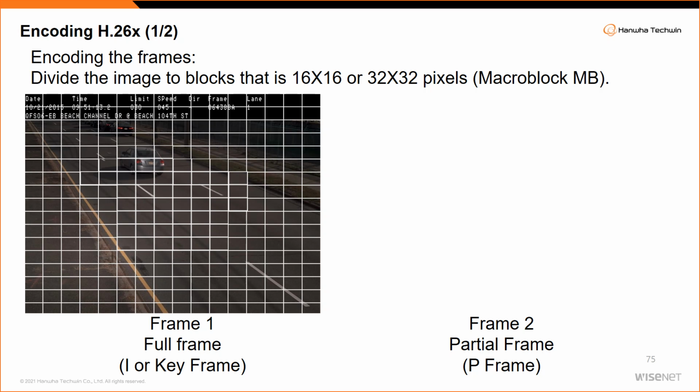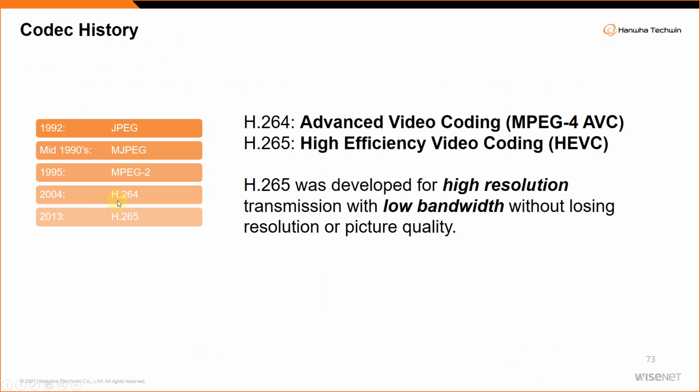You will see H.264, which is almost 15 years old, take a very high bandwidth when you go above 2 megapixel. Today, the moment you go 3, 4, 5 mega, 4K, H.264 takes a very high storage. That's why H.265 comes in the picture.